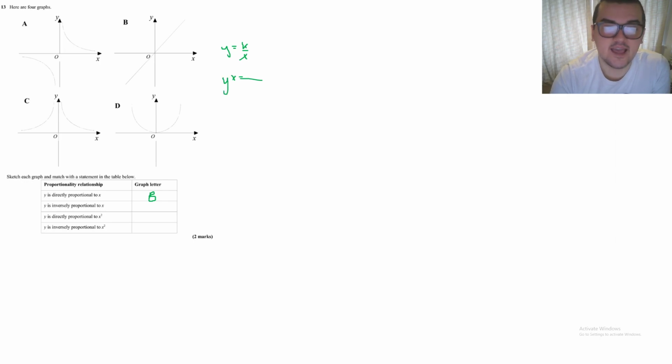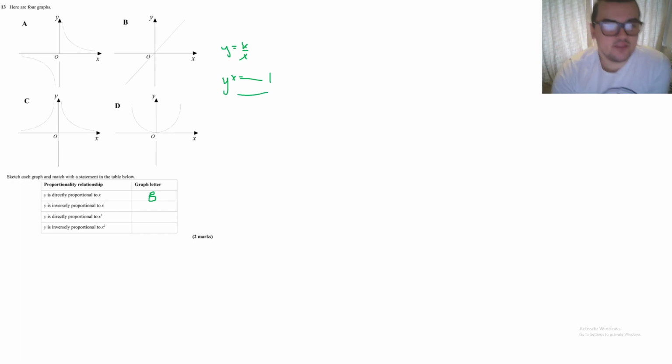yx equals k. For the purpose of this, and for the fact that these graphs look rather uniform, we're going to assume that k is 1. So 2 numbers multiplied together to get 1.